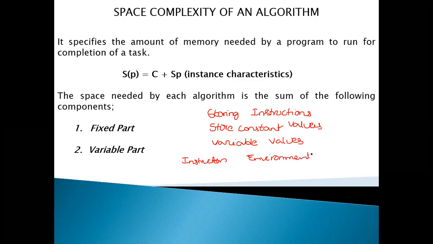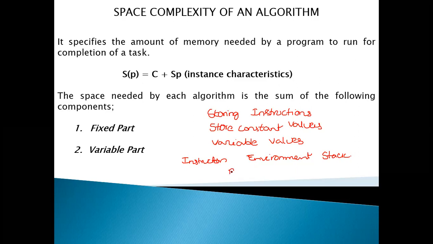Instructions will be executed many times, and some algorithms require a partial step-by-step process. The partial values, which are not final outputs but are used to calculate the final output, are stored in the environment stack.